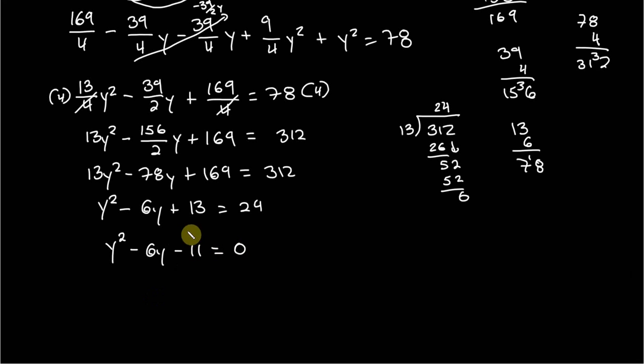The whole point of all of this mess is to find the values of y, right? But this isn't going to be very simple to factorize, because AC is going to equal negative 11, and 1 and 11 we need to add to negative 6.